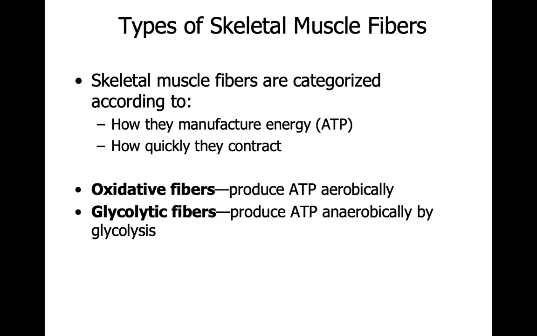Because oxygen gets transported by your blood vessels, we will have a higher amount of circulation within these muscles, so a lot more capillaries. And the amount of ATP that can be produced during an aerobic process is much higher compared to an anaerobic process.